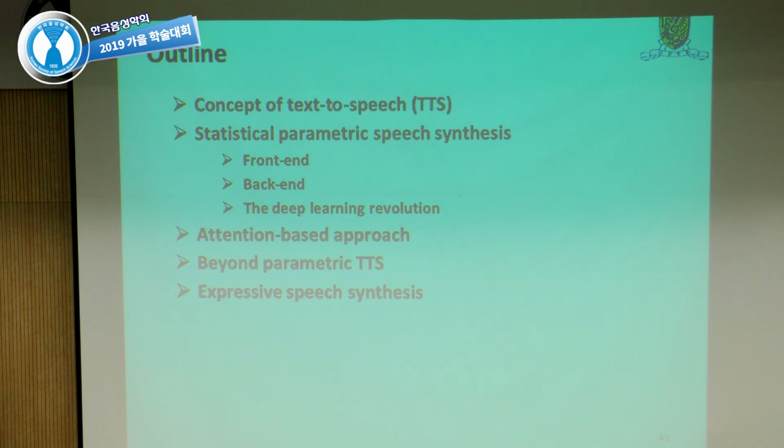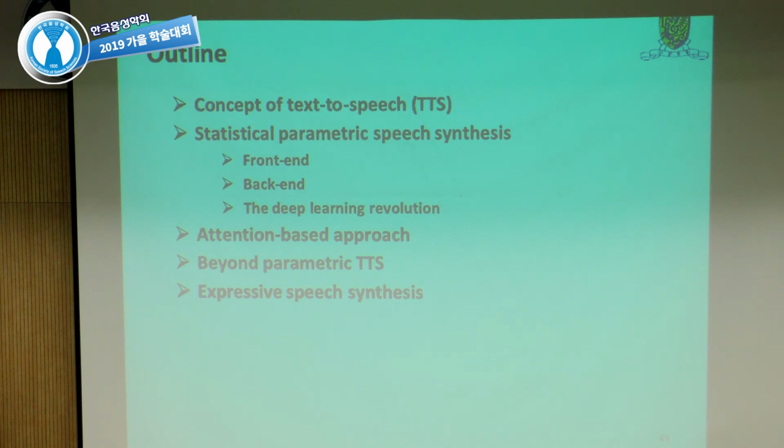So here we finished the previous part, from statistical parametric synthesis to how it was changed by the attention-based model, and how it was changed by WaveNet so that you then drop the vocoder. So what is the future of text-to-speech?